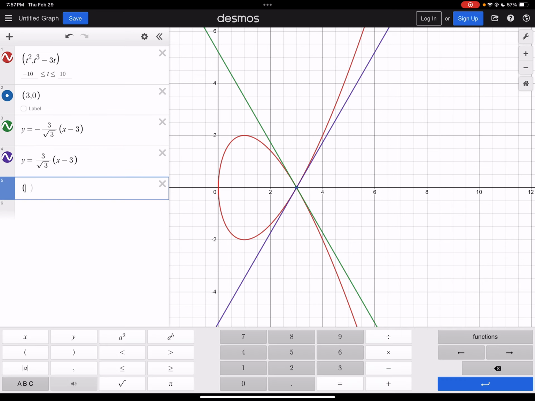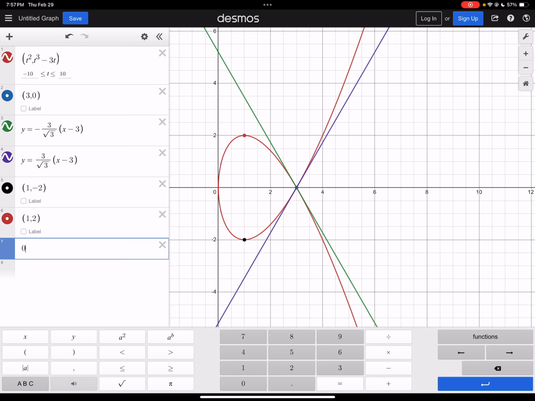So if I have, let's say, 1 comma negative 2, that's right there, and 1 comma 2, that's right there. So that tells me that my horizontal tangent line is going to be y is equal to 2 and y is equal to negative 2.